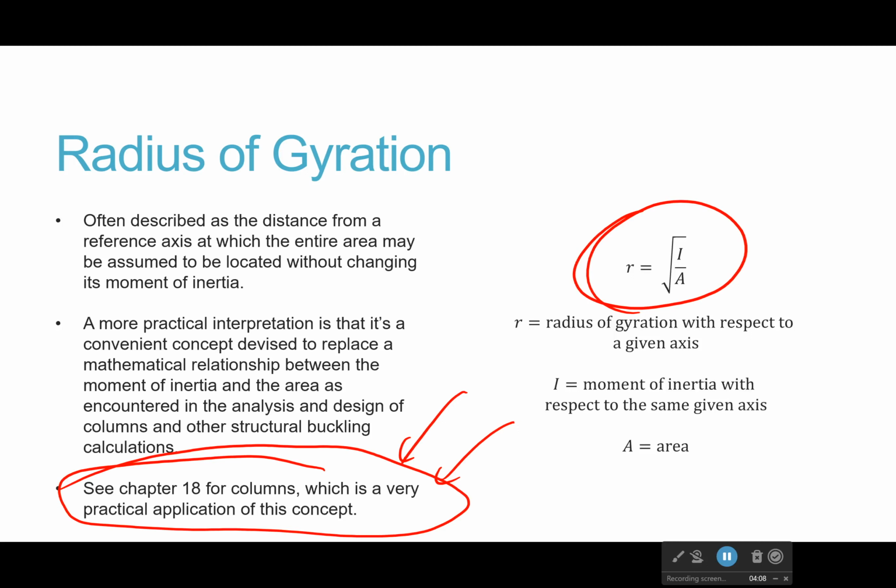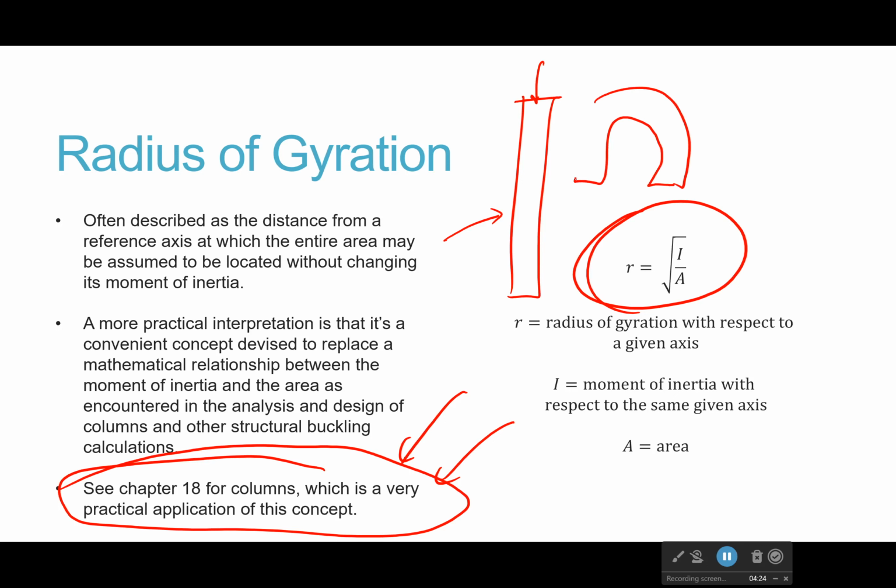Now, buckling we're not going to get to this semester, but it's simply a load where the column is fine, like the metal or the wood is not going to break. But just because of the instability of the structure, when you put that load on there, it's going to literally bend in half. Now, it won't reach that point because it's going to break long before it gets there, but that's what buckling failure is.